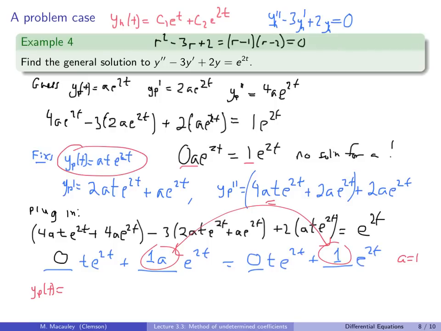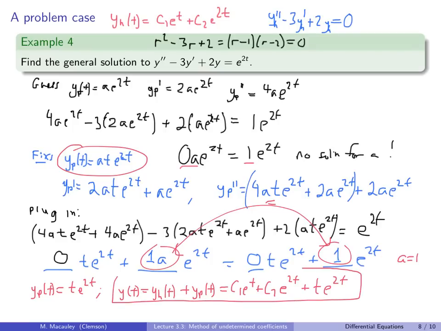That was what it was. 1 times t e to the 2t. So our general solution is our homogeneous plus our particular, which is c1 e to the t plus c2 e to the 2t plus t e to the 2t.